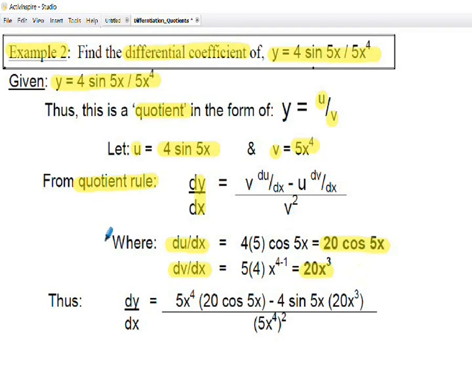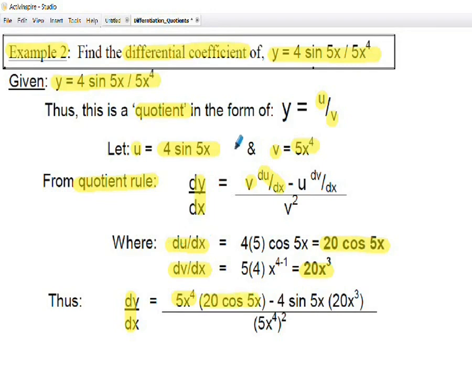So my dy by dx, my first differential, I'm now going to put all my terms into the quotient formula. So if I go to the formula, it says I've got v, and v in this case is 5x to the 4. I'm multiplying that by the differential of u with respect to x, so du dx, and du dx in this case is the 20 cos 5x.